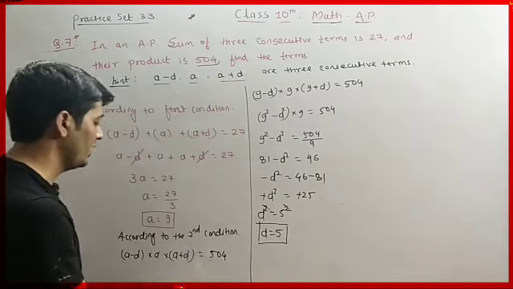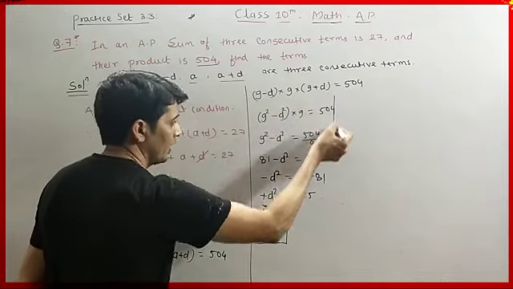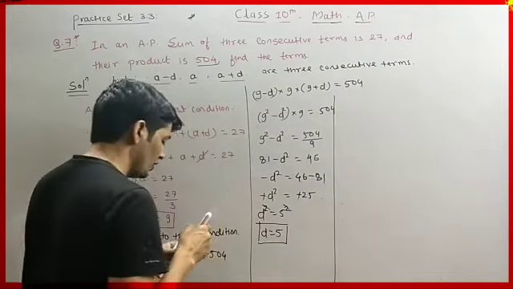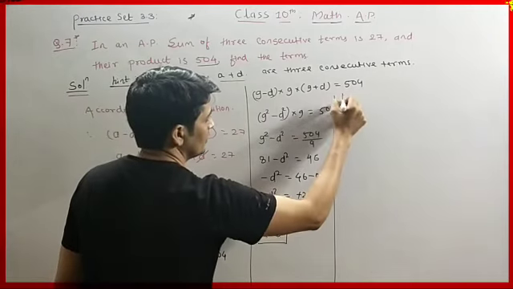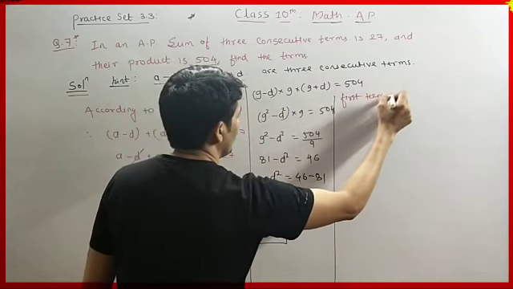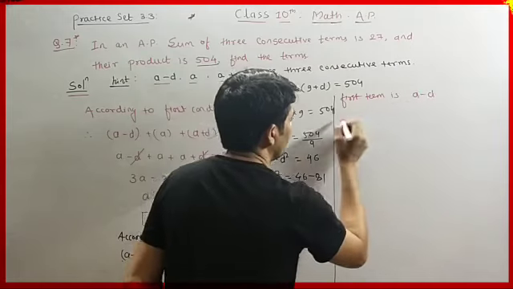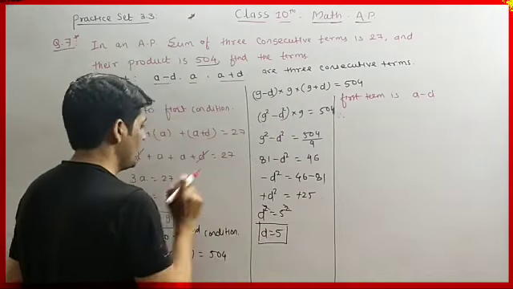Okay. So we have A, we have D. So we can calculate all three consecutive terms. So the first consecutive term is A minus D. Therefore, what is A? A is 9.